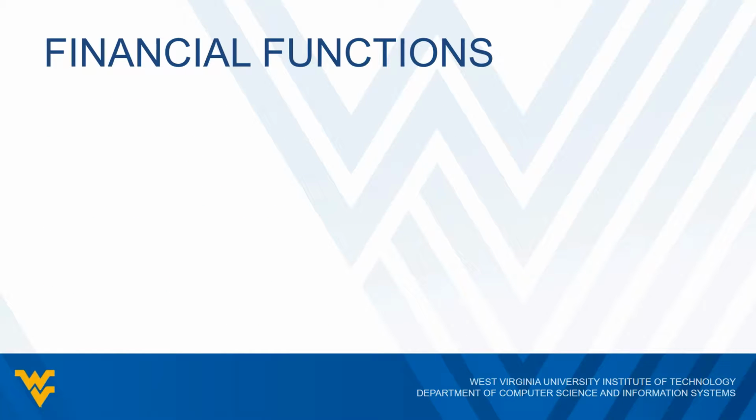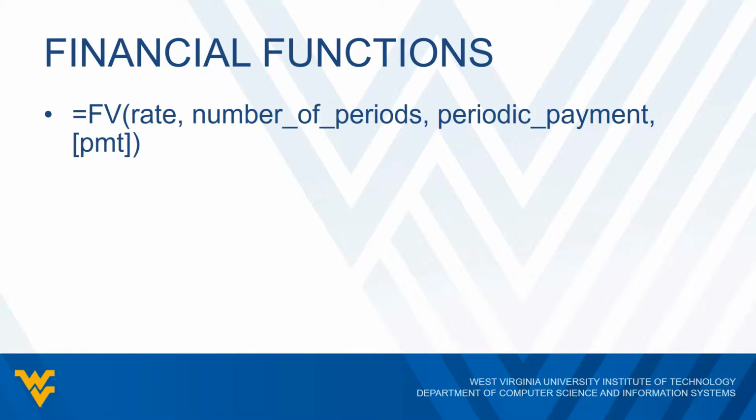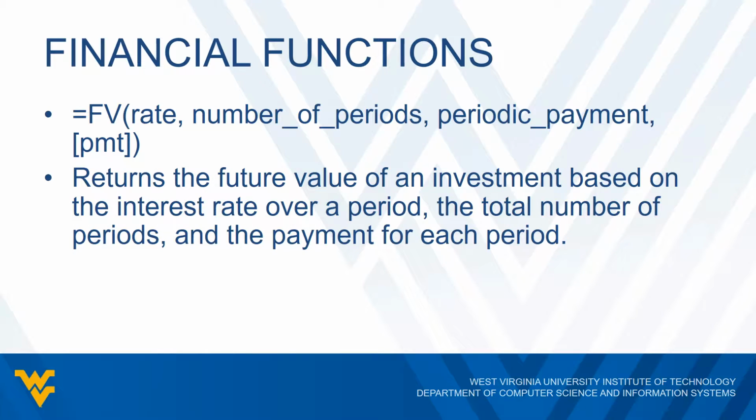The last function we'll take a look at involves investment, and this is called the future value function, or FV. This also has a rate, a number of periods, and a periodic payment. The periodic payment is a little different from the amount in the other function; it's how much money we're going to put in. Let's say we invest so much money per period, and there is a fixed interest rate over this period of time.